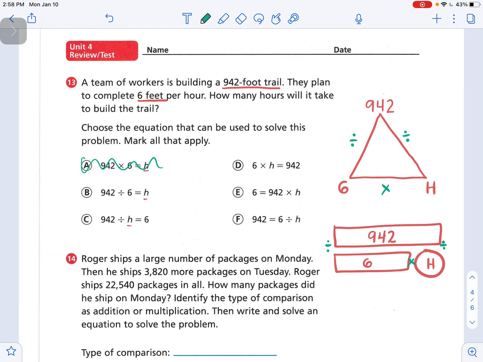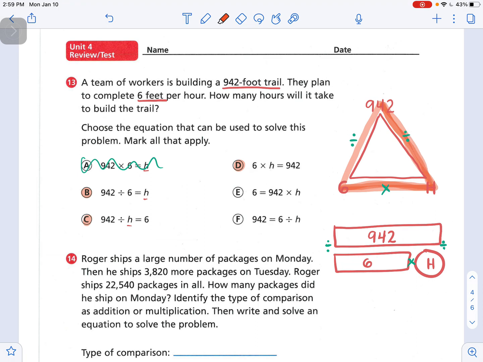There we go. How about 942 divided by 6 equals H? Well, that matches, so that one's going to be right. 942 divided by H equals 6. That one works. 6 times H equals 942. 6 times H, 942. 942 times H equals 6. 942 times H?